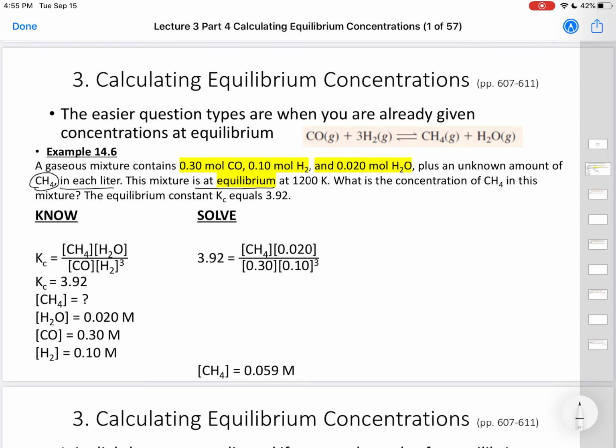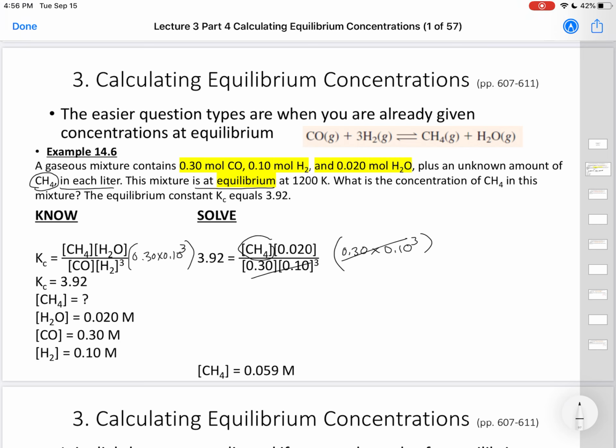So these amounts are already at equilibrium. So if that is the case, remember Kc is all the concentrations at equilibrium. We do products divided by reactants. We plug everything in. Really, we're solving for CH4. It's fairly easy to do that. Basically, we're just going to multiply this side by 0.30, and by 0.1 to the third, and we're going to multiply this side by the same thing, 0.30 times 0.10 to the third.